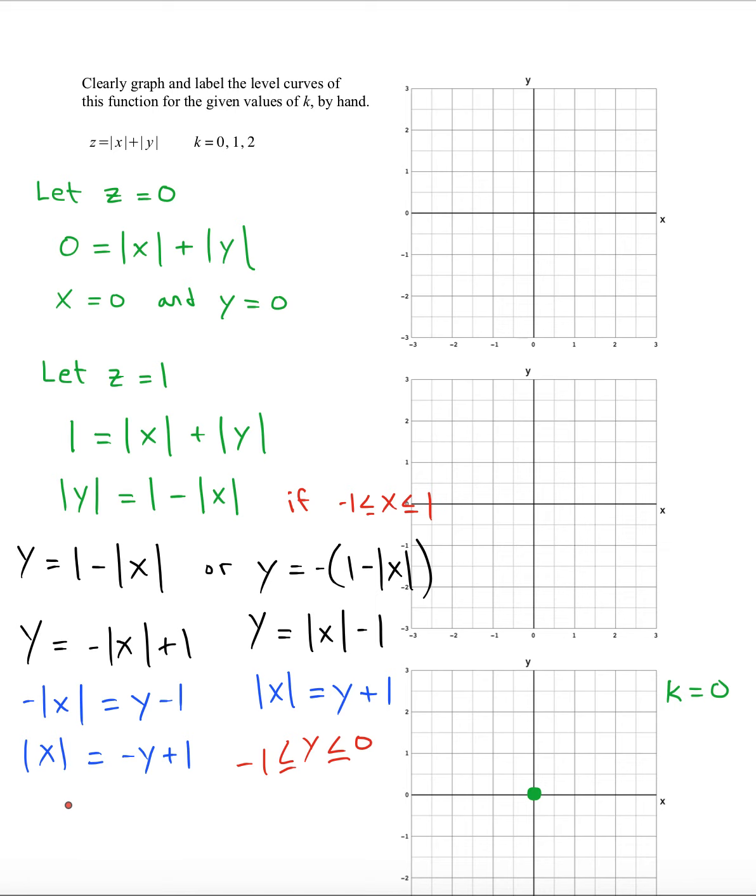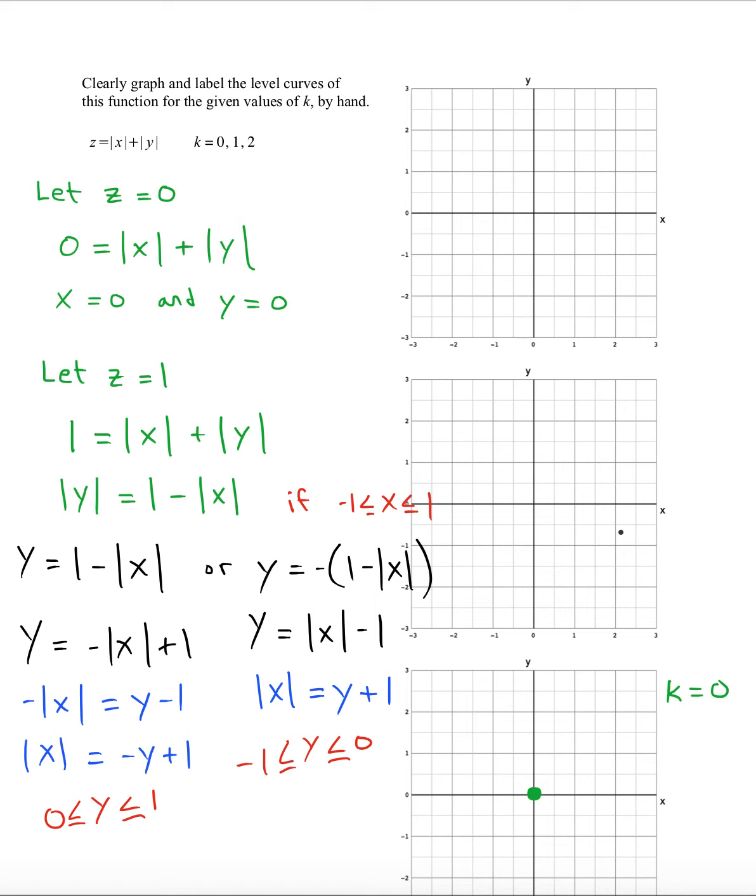Here, our y has to be between 1 and 0. So we want to use this formula when we are in the negative y. We want to use this formula when we're in the positive y.